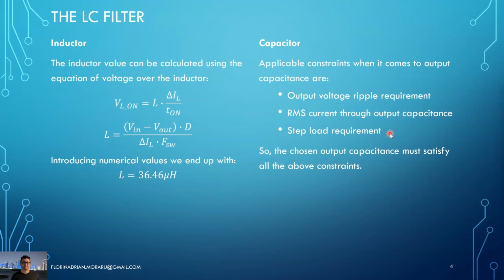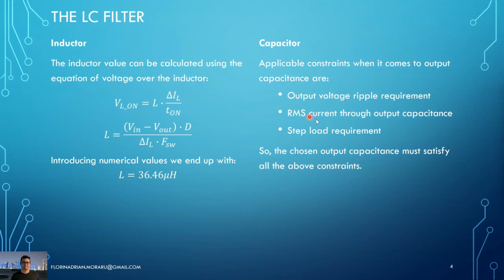So that we will be able to stay within the acceptable voltage deviation during those transients. So in the end, the chosen capacitance must satisfy all aspects at the same time.